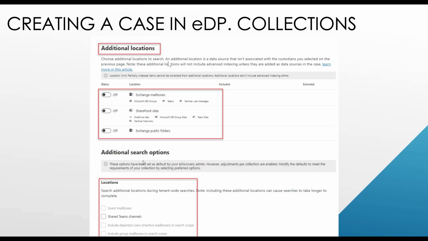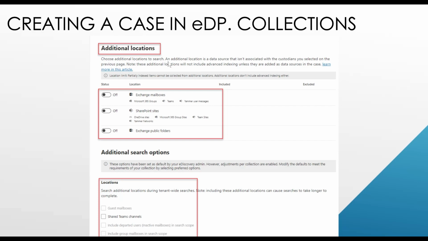And then at the bottom, we've got additional search options. Now, to turn on the ones that are grayed out, you need to select the Exchange mailboxes at the top, okay? That therefore gives you the additional options to pull in guest mailboxes, which again may be essential to your investigation. And then we've got a very important one, which is include departed users, inactive mailboxes in search scope.